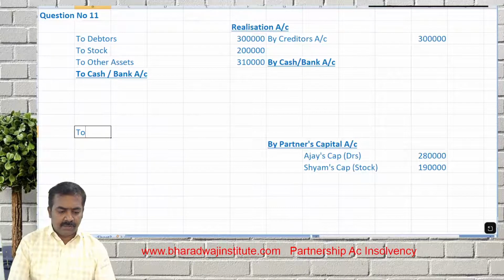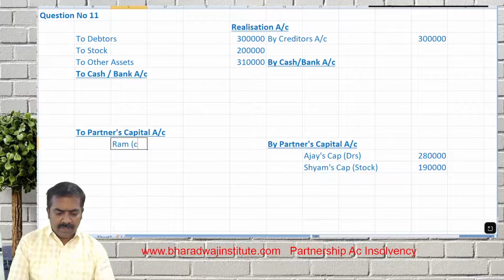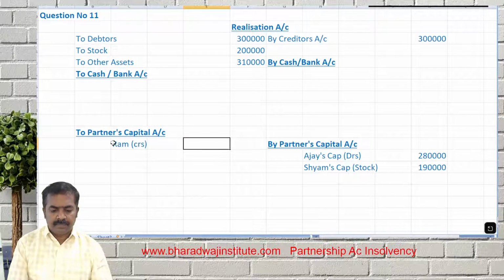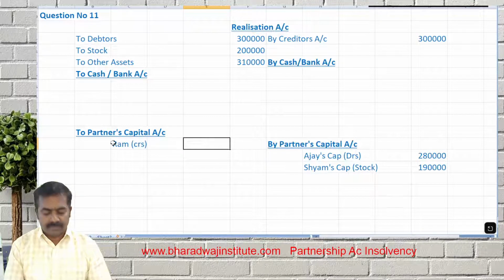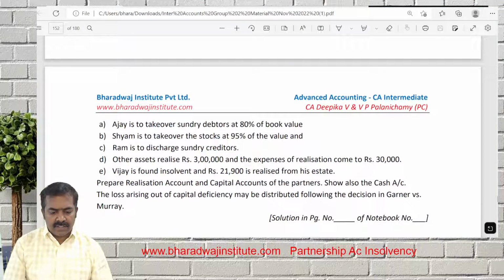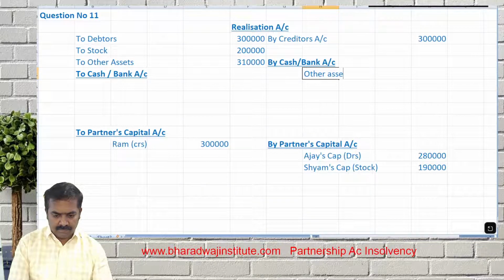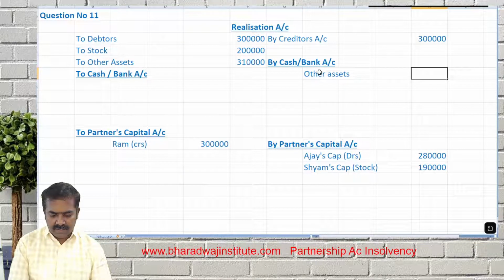It will come to the partners' capital account. Ram for paying creditors. How much paid? 3 lakhs. Then other assets realized 3 lakhs.